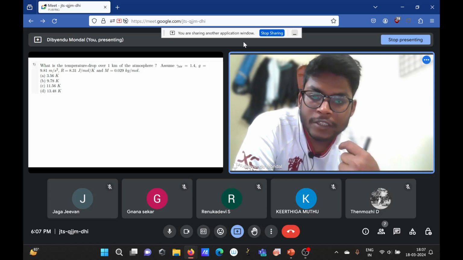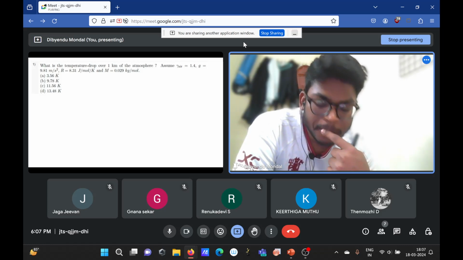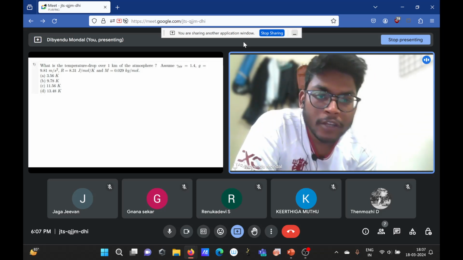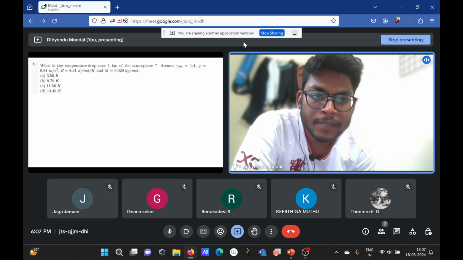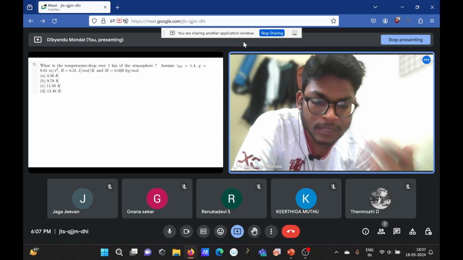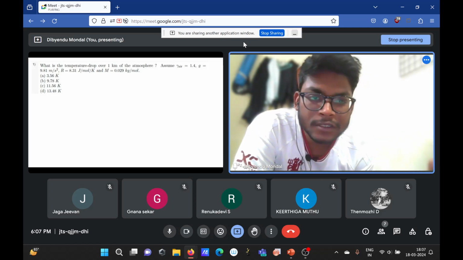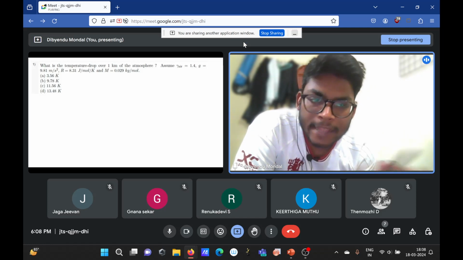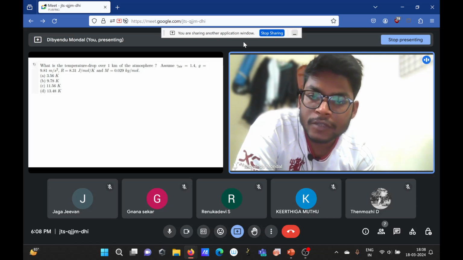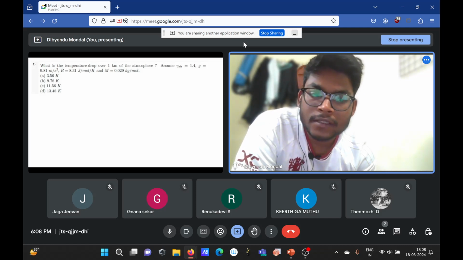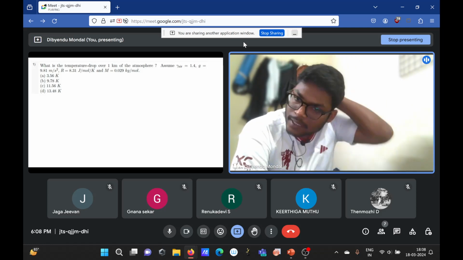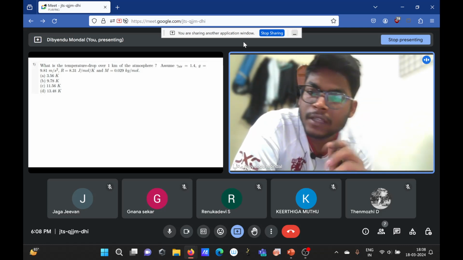Some coefficients are given: the adiabatic expansion coefficient gamma for air, which is a mixture of different gas molecules but as a whole is given as 1.4, gravitational acceleration 9.81 meter per second square, universal gas constant 8.31 joule per mole Kelvin, and the molar mass is given for air.